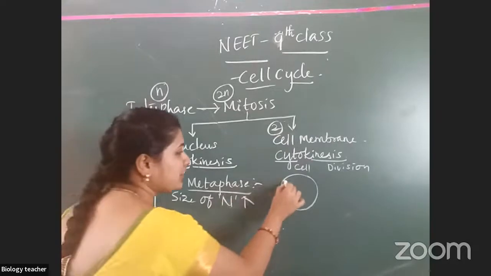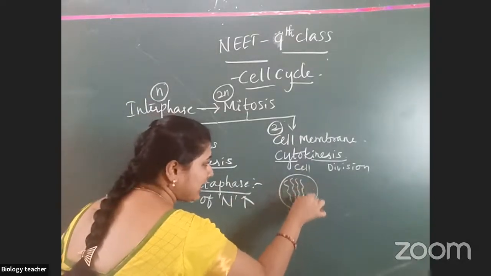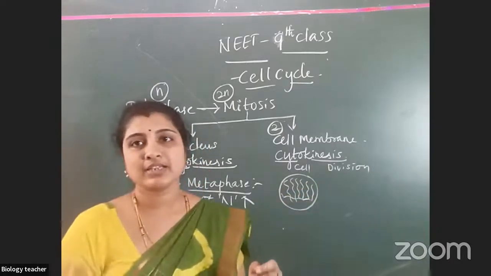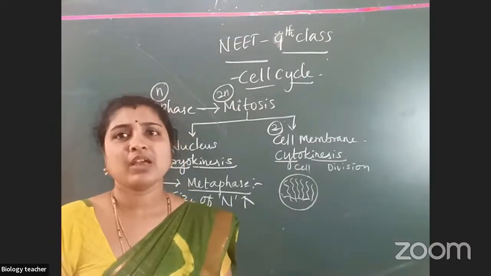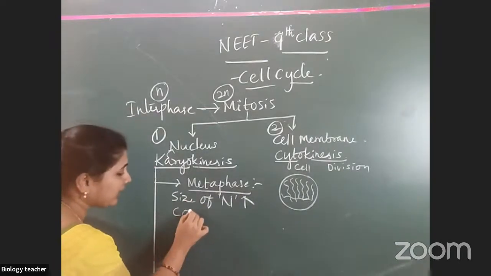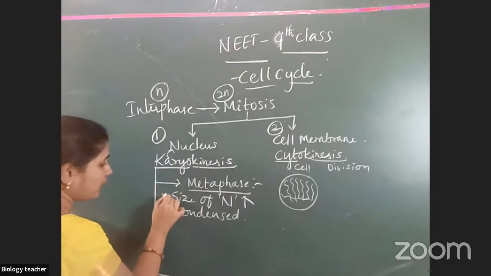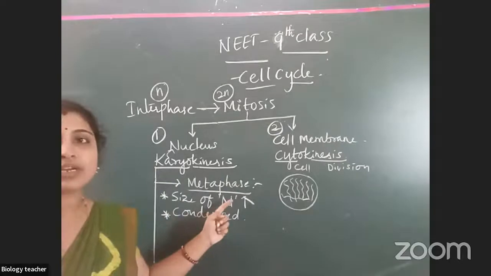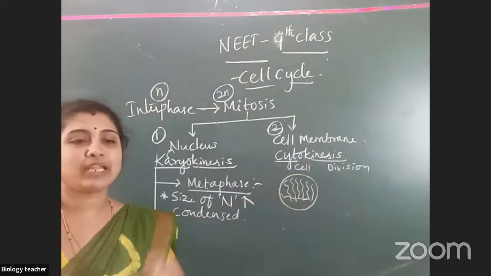Inside the nucleus, thread-like structures are present, scattered here and there. But at this stage, they are getting condensed. So in prophase, the size of the nucleus increases and the chromosomes are getting condensed.